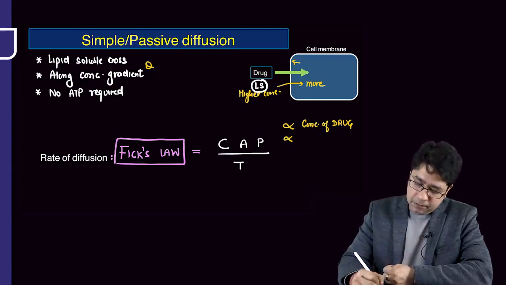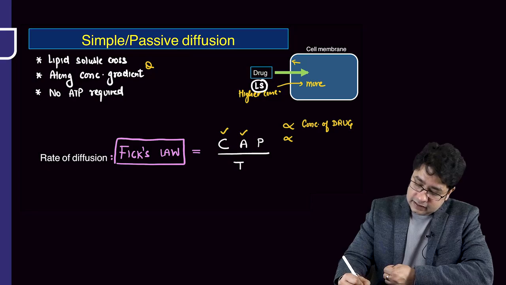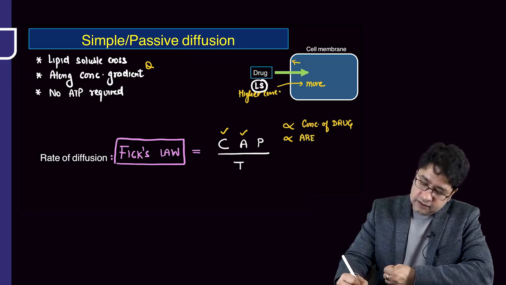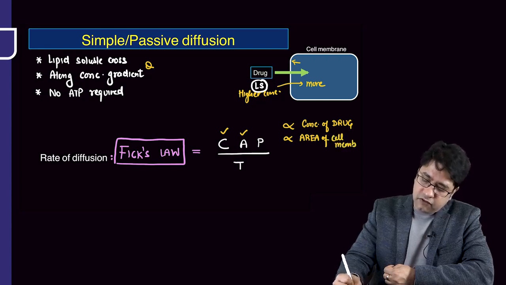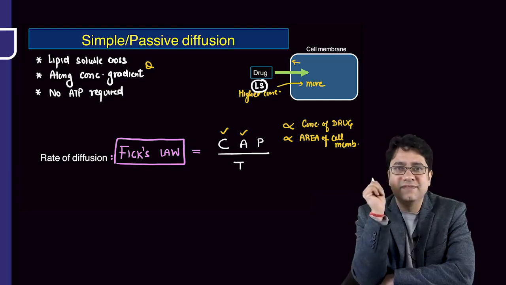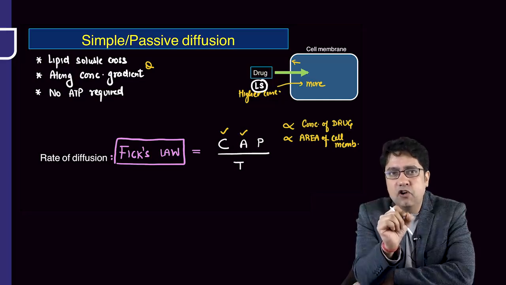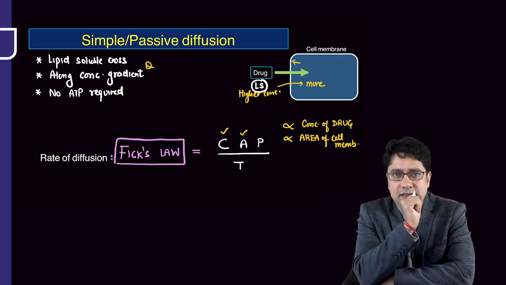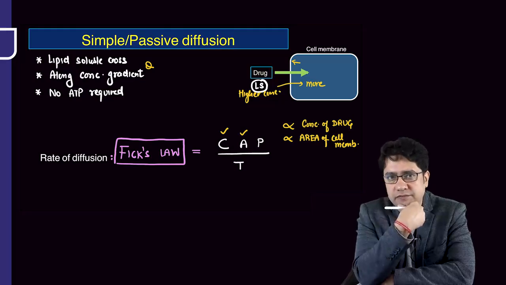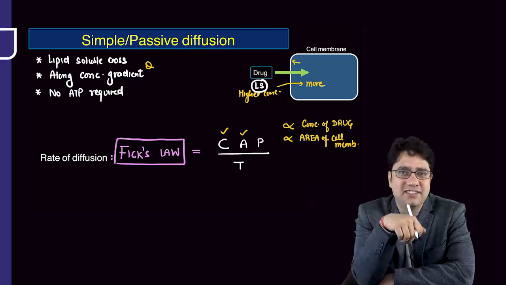So it is directly proportional to A, that is the area of the cell membrane. Now just think for a logical second. Where do you think there will be more absorption, in the stomach or small intestine? The answer is small intestine.